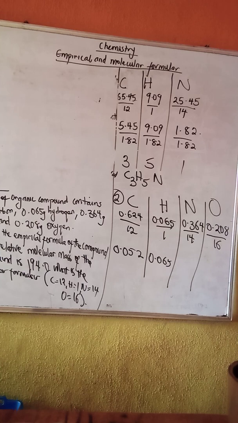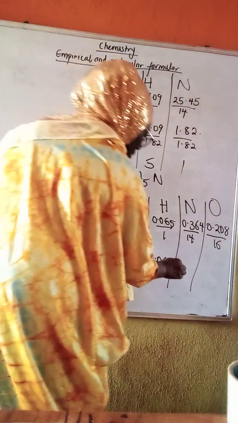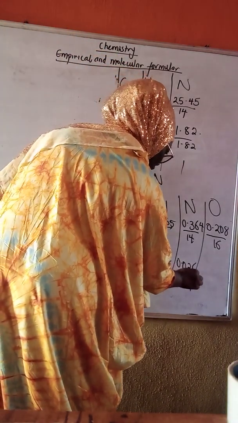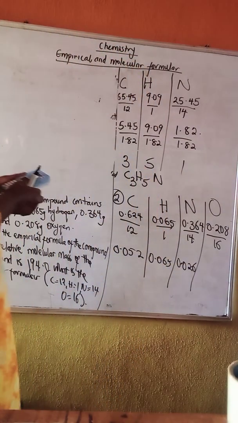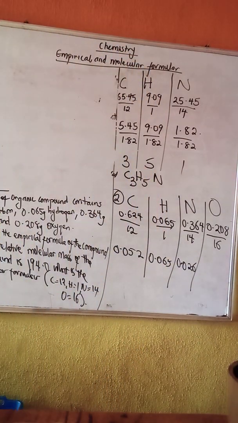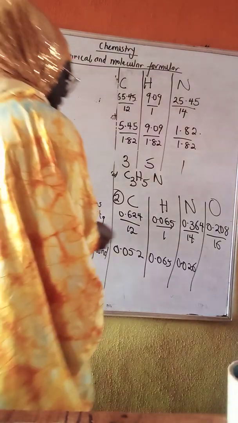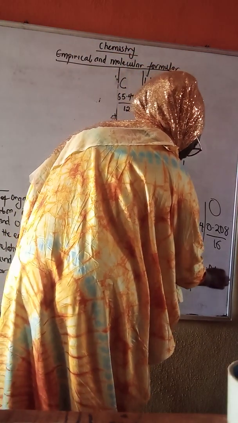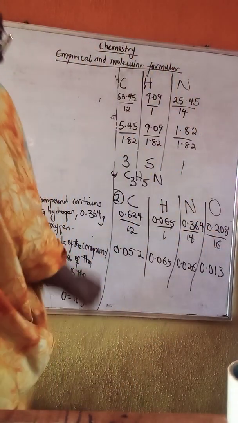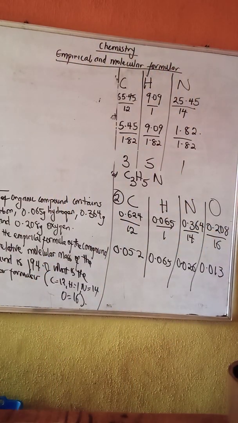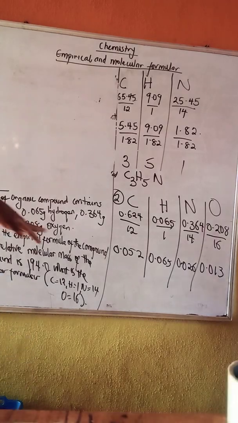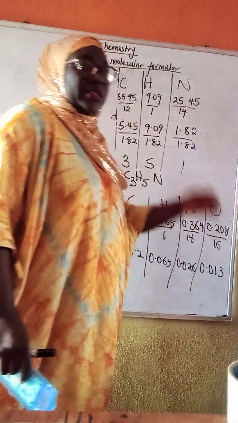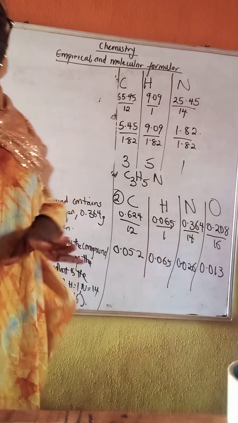Nitrogen 0.026, while oxygen divided by 16, 0.013. Now let's look at everything. The smallest ratio is 0.013. That is the smallest ratio.